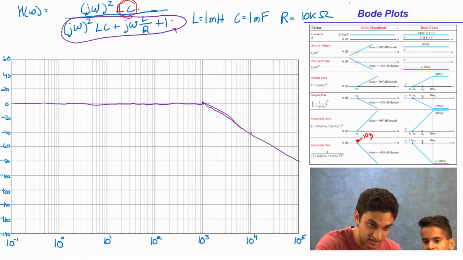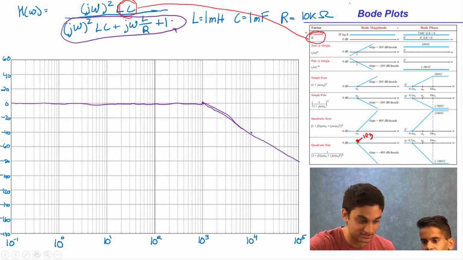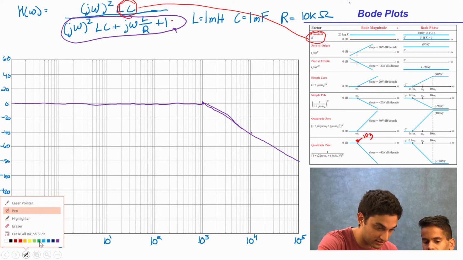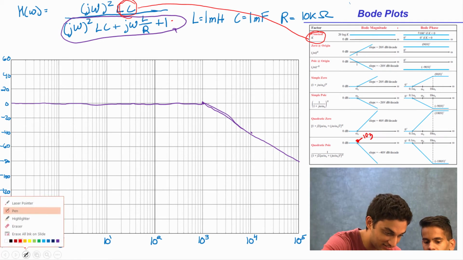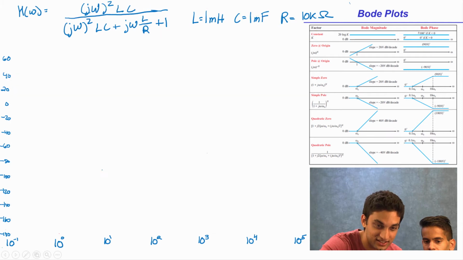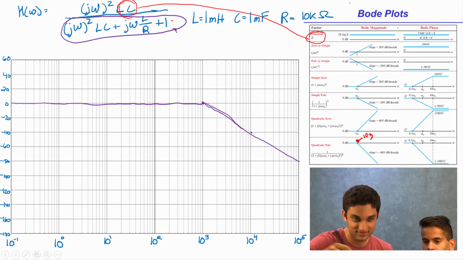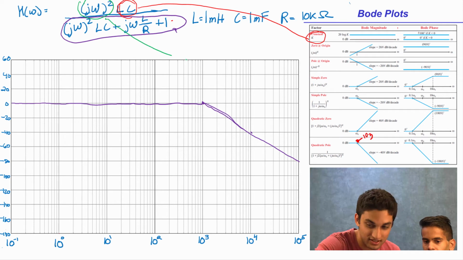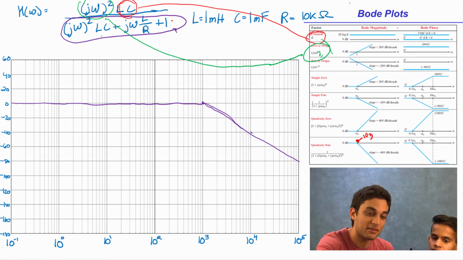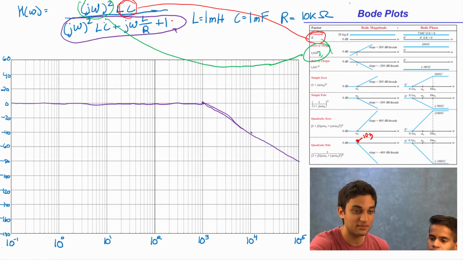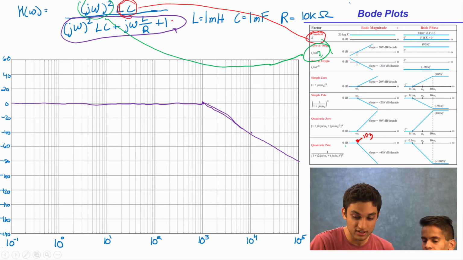This LC term corresponds to this constant, and this term corresponds to this thing, where n is equal to 2. So in this case, we tried to pattern match LC to the omega c in a quadratic pole. But in this case, this literally consists of 2 separate terms.